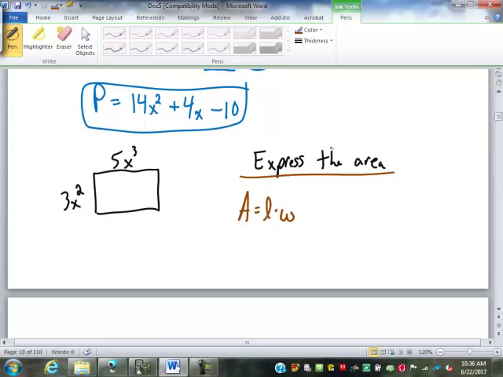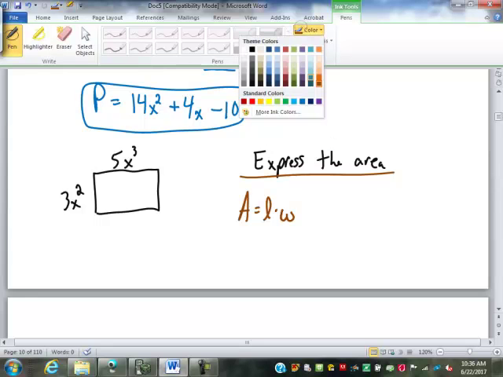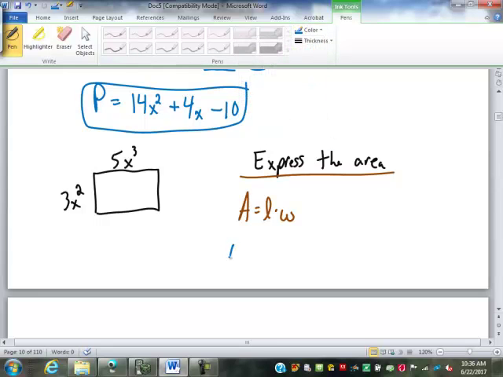Yep, A equals length times width, L times W. So, what am I going to put in there for L? 5x to the third times 3x to the second for W. So as I simplify that or combine that, what do I get? 15x to the fifth. Perfect. 15x to the fifth.